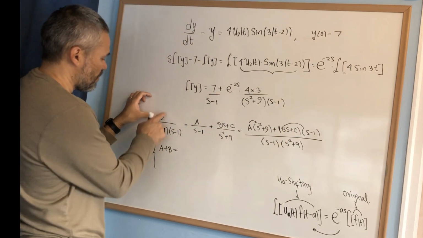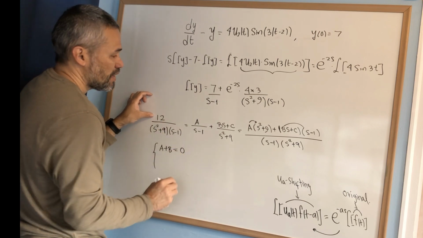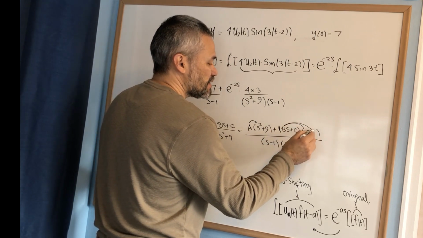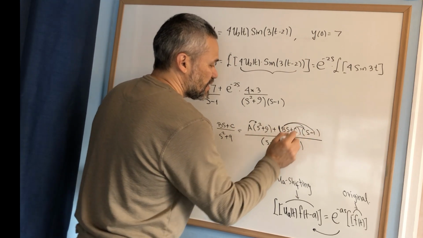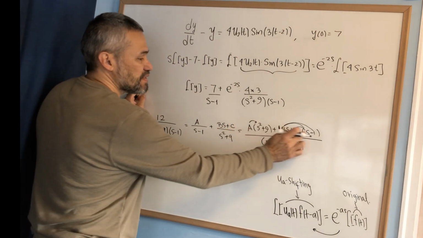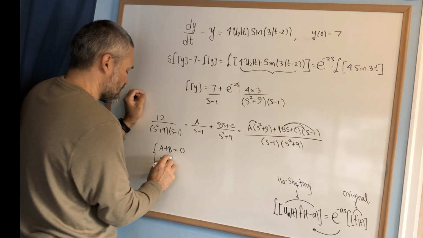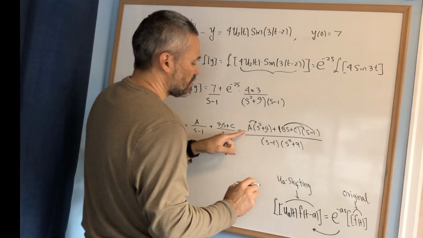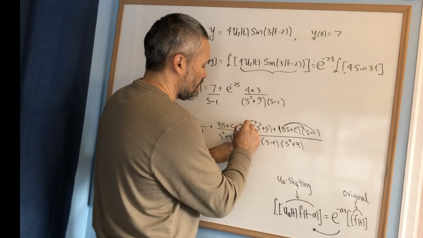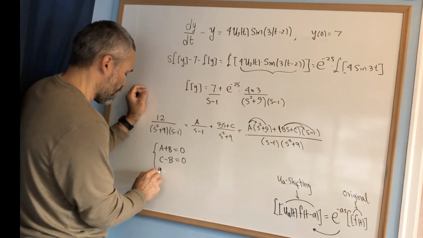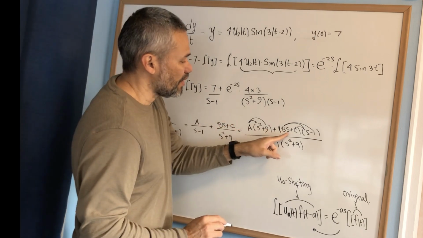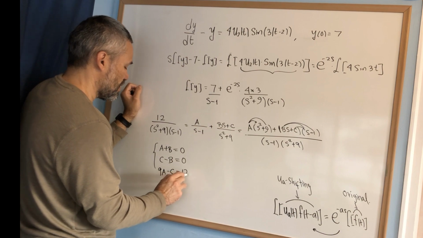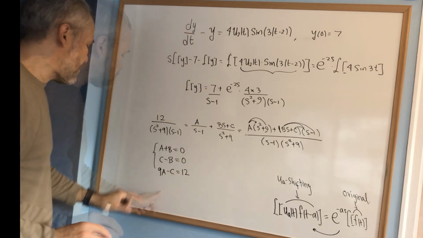The coefficient of s squared on the left is 0. The coefficient of s, how do we get it? Here we get c, because of cs minus bs, and there is no s on the left, so we have 0. And the constant coefficient, we have 9a minus c, and we want that to be equal to 12.